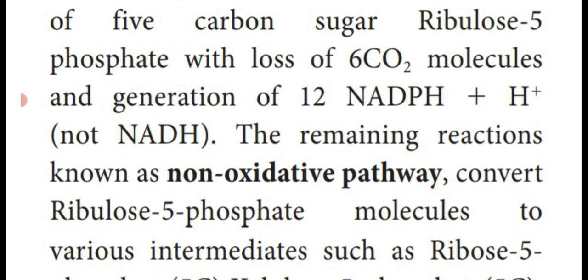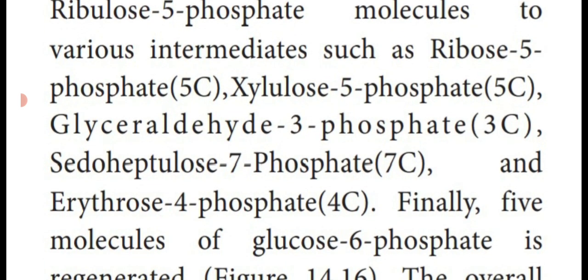which produce different intermediate compounds, that is 5 carbon compound ribose 5-phosphate, xylulose 5-phosphate, glyceraldehyde 3-phosphate is a 3 carbon compound, sedoheptulose 7-phosphate is a 7 carbon compound, and erythrose 4-phosphate is the 4 carbon compound.